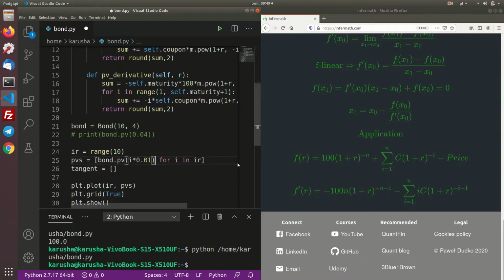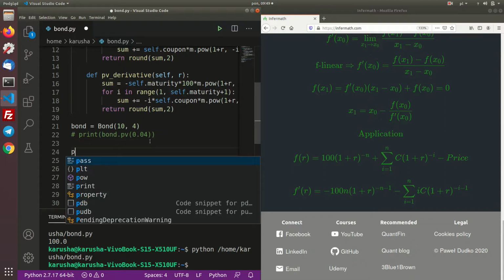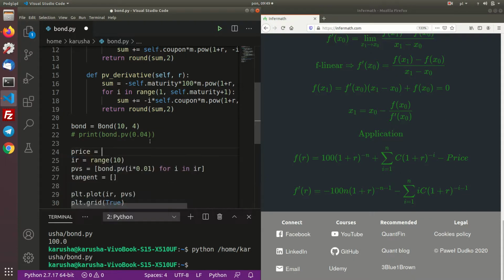Let us define a price, which let's say is going to be 91. And for each, we're going to decrease it by this price, so that we have this full function PV minus price.